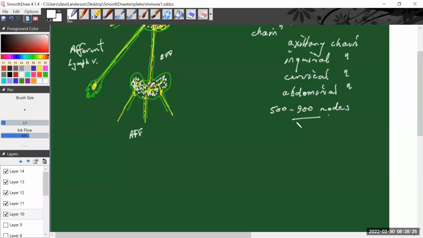We'll have a few individual nodes that aren't obviously in a chain, but ultimately they're going to drain into the chain. These nodes are going to be funneling in the lymph, creating a bottleneck for more exposure. This is the location where a lot of our immune cells are going to be found, so we have a chance to recognize the non-self cells and act against them in these lymph nodes.